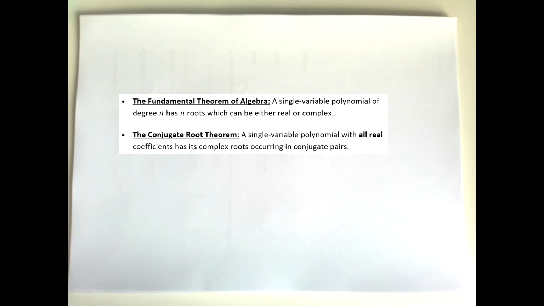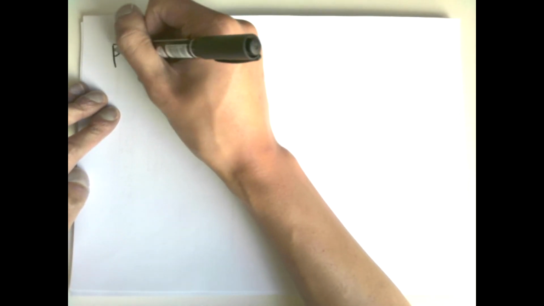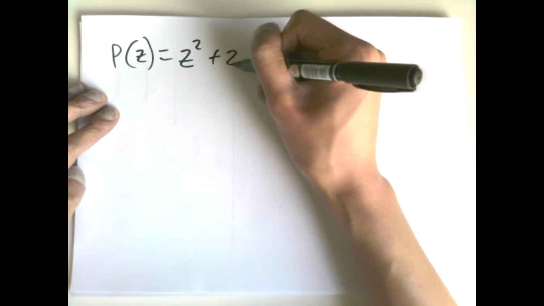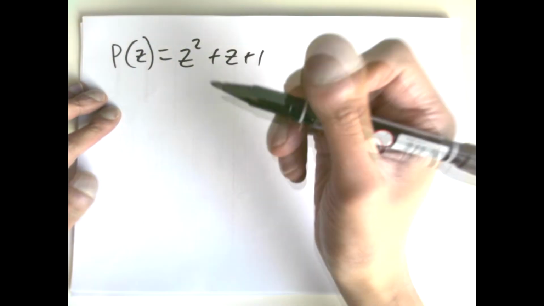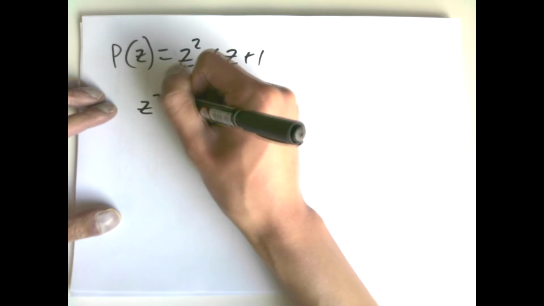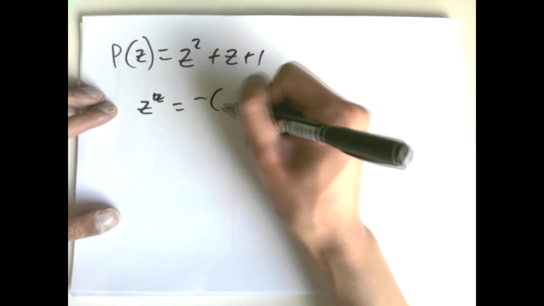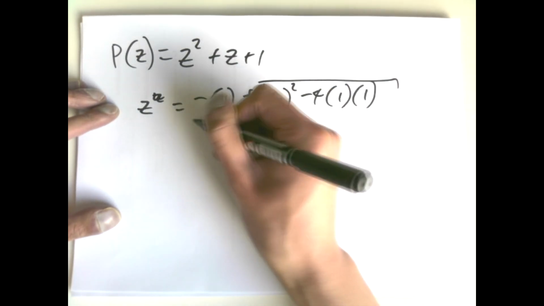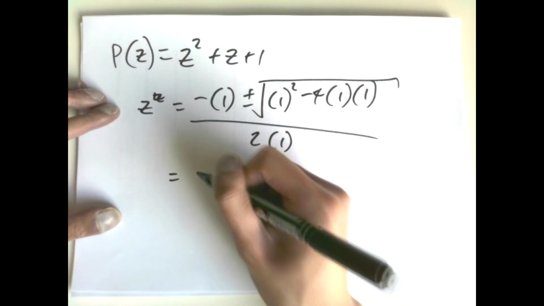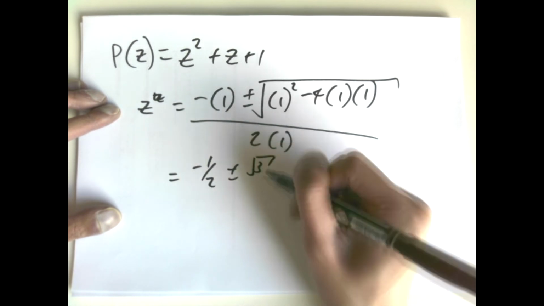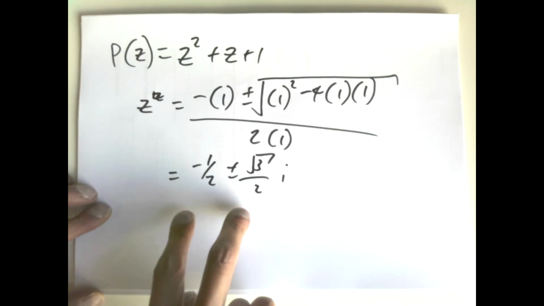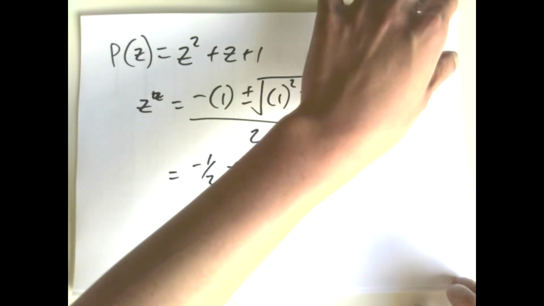With that said, we can factorize this polynomial which we saw at the very start, which is p(z) equals z squared plus z plus 1. Once again, putting in the quadratic formula. Now, notice that these two roots are themselves conjugate pairs of each other.